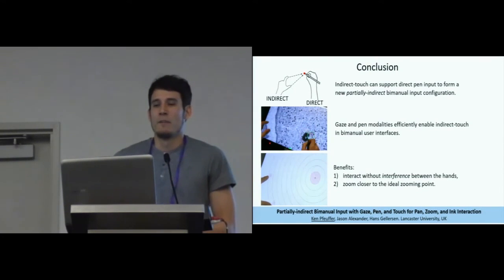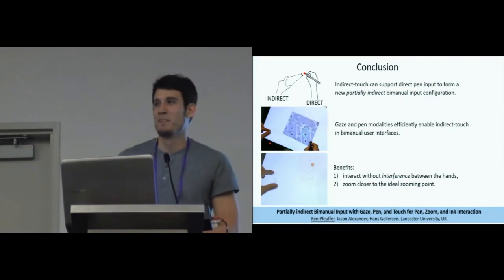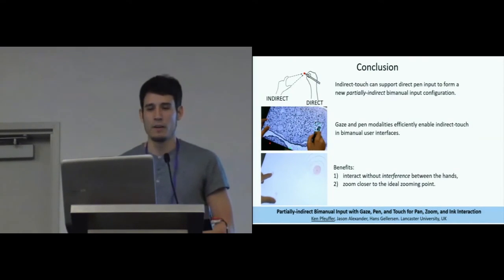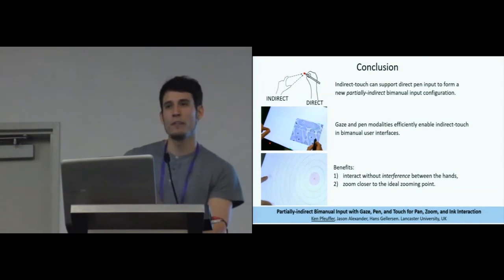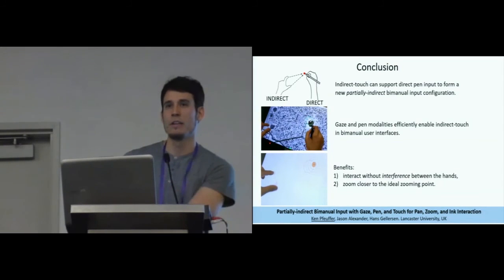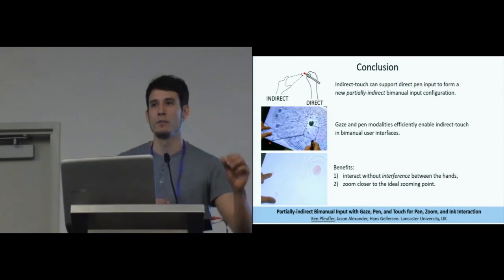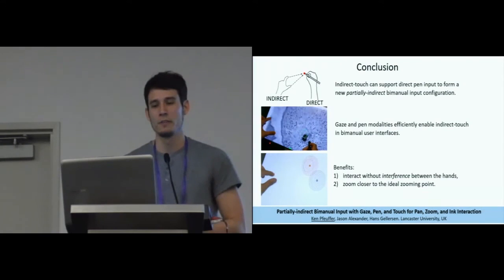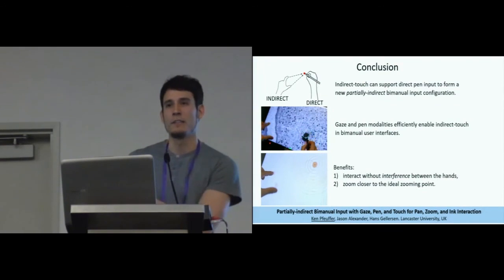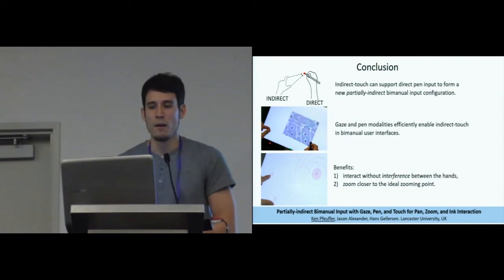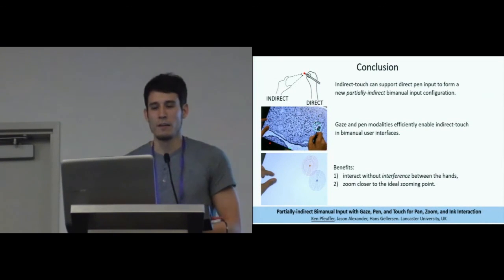That's a good question. I did a little bit of work on this, so that when you look at your touch, you zoom where your touches are, and when you look far away, you zoom where your gaze is, because your visual attention lies on that point. Also with the other techniques.